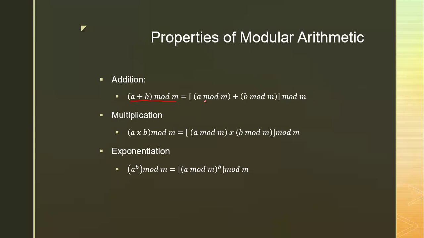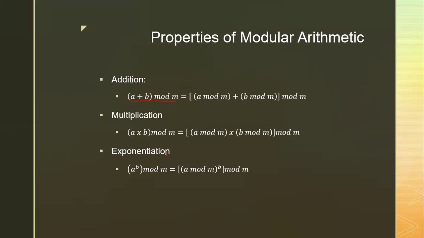So we get the mod of this one, we also get the mod of this one, and then we find the overall mod m. For now it might look like gibberish, but stay with me. Multiplication is the same concept, just that we're multiplying instead of adding.